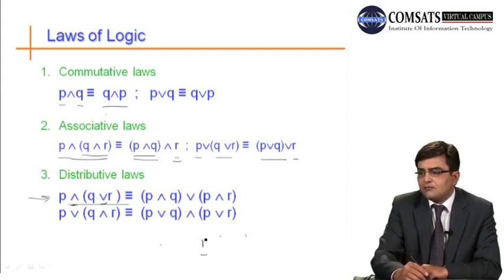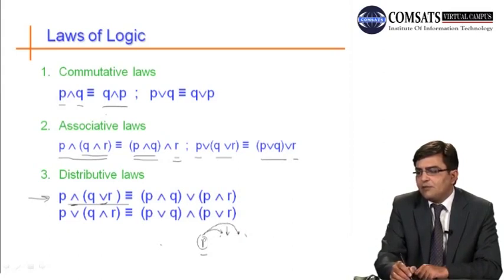First we write P and the first proposition of the bracket, that is P and Q, and in the second step we write P and R. We put these two compound propositions in brackets, and between them we write the operator OR.